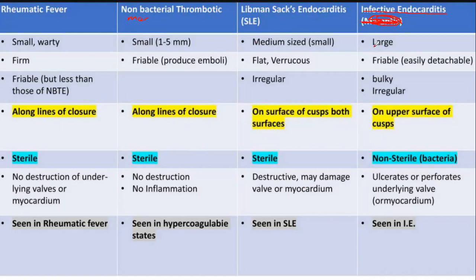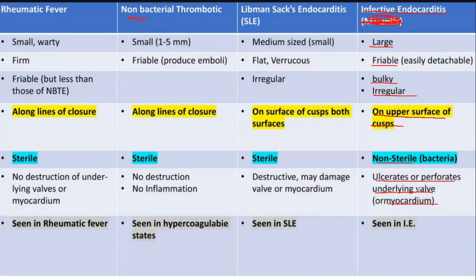The characteristic of those vegetations is that they are large, friable, that is easily detachable, bulky, irregular, and they are found on the upper surface of the cusps. They are non-sterile because they serve as the foci for the bacteria, and they usually ulcerate or perforate the underlying valve or the myocardium. So they are destructive in nature.